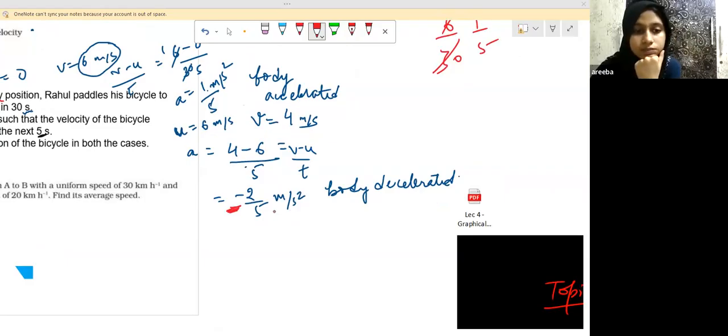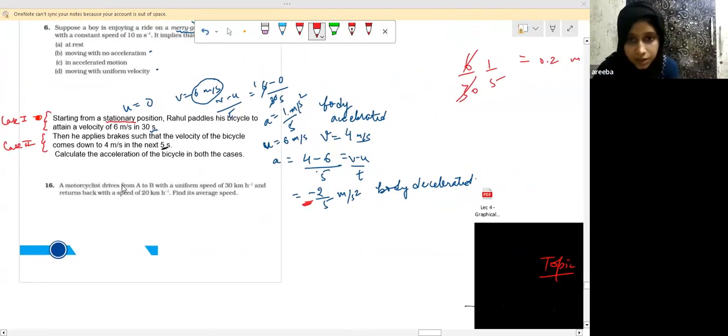ठीक है? Okay, बच्चे? Ma'am, am I audible? ठीक है बच्चे? Write the correct solution now.